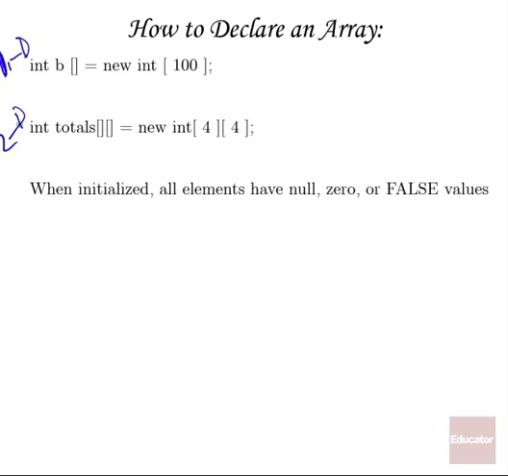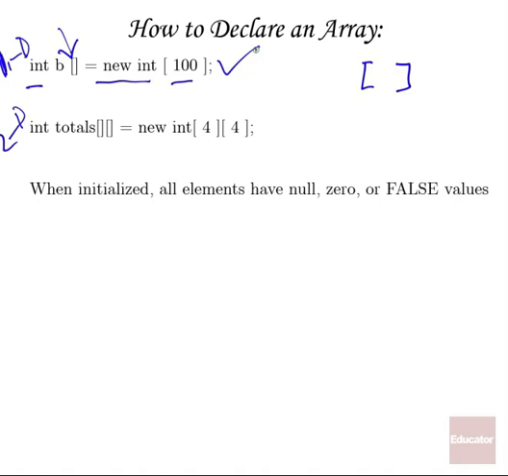For a single-dimensional array, we say we want an integer b, followed by open-close brackets, equals a new integer, and the number of elements we want is between the brackets, here 100. This creates an array that has 100 different slots for all of your values.